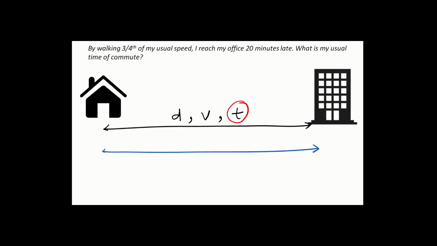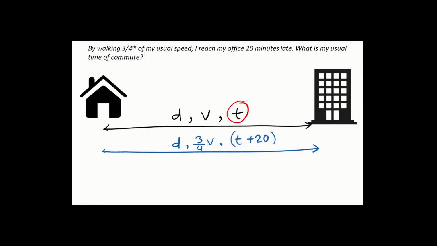Now this is a new day. In this new day, I'm traveling the same distance d, but not with the same speed. I'm traveling with 3/4 of my velocity, okay? And as I'm traveling slower, obviously I'll take a longer amount of time. So I'll take t plus 20. If you keep time in minutes here, you'll get the answer in minutes. Again, we have two situations.